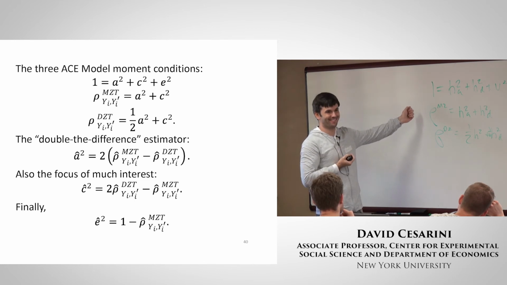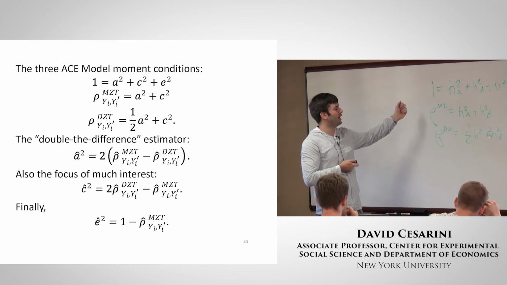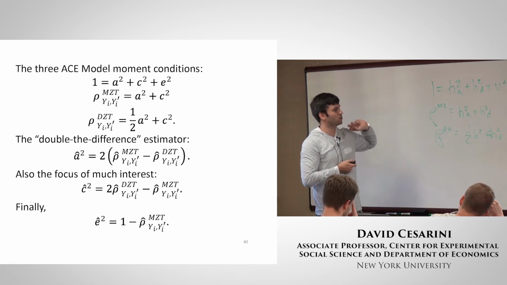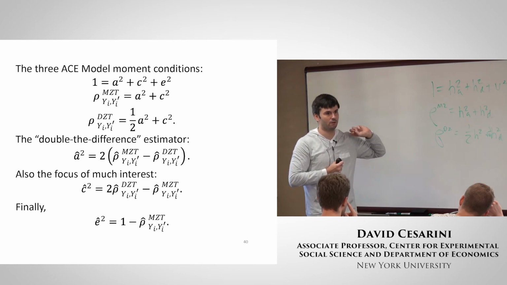You accommodate that empirical finding by saying there must be non-additive gene action. But if I add non-additive gene action, I have one more parameter to identify, and so I'm going to solve that by saying C squared must be 0.